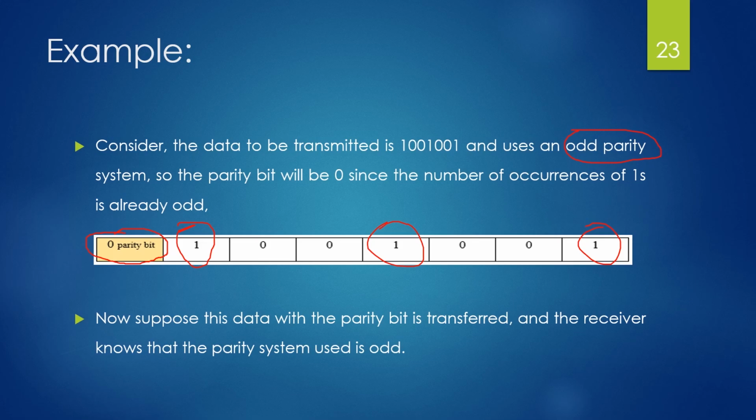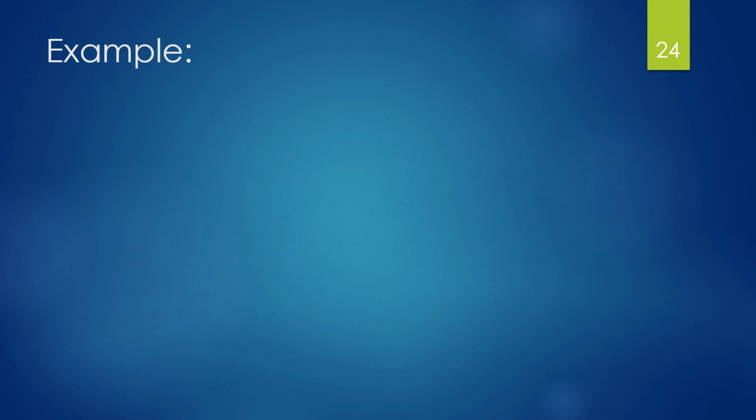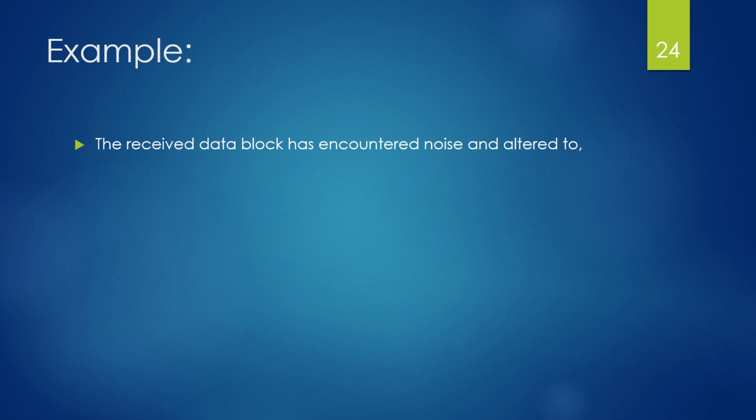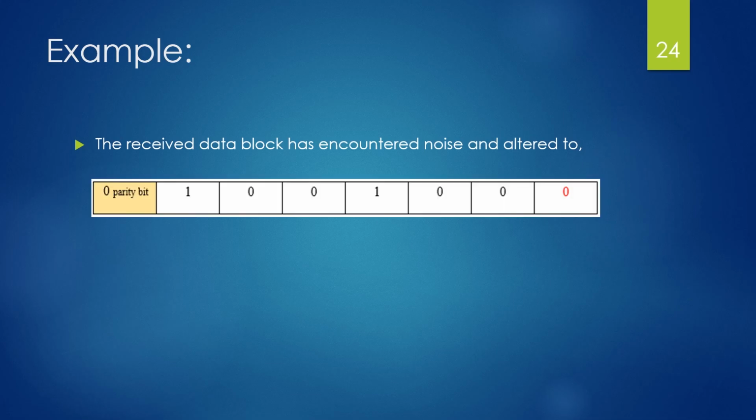Now suppose this data with the parity bit is transferred and the receiver knows that the parity that has been used is odd. The received data block has encountered noise and altered. As you can see here, it is 1001000. This bit here has changed from 1, it has become 0.